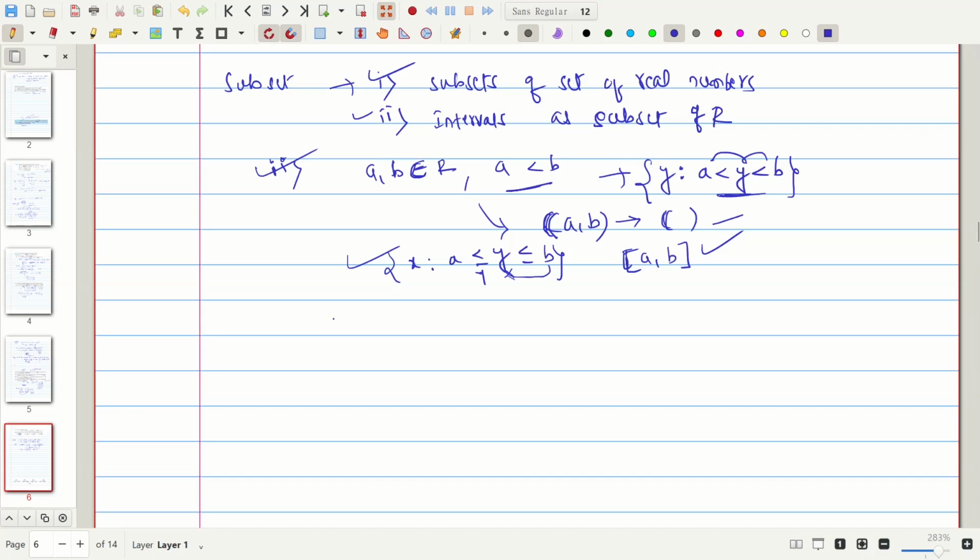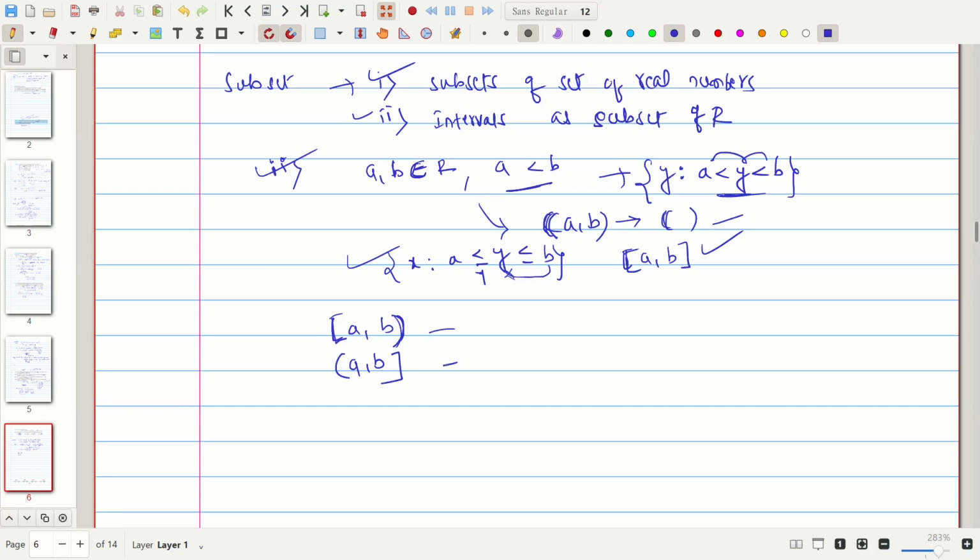Sometimes we write a combination of closed and open intervals. Here this end is a closed interval and this end is an open interval, and we can also write it like this.